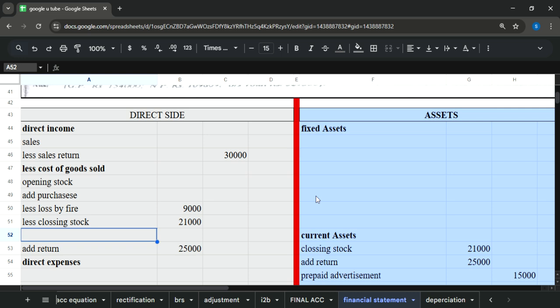If you purchased a commodity, the entry would be purchases to creditors. Purchases to creditors means purchases are being increased. So you will add invoices. Okay, so what we are going to do is add invoices.